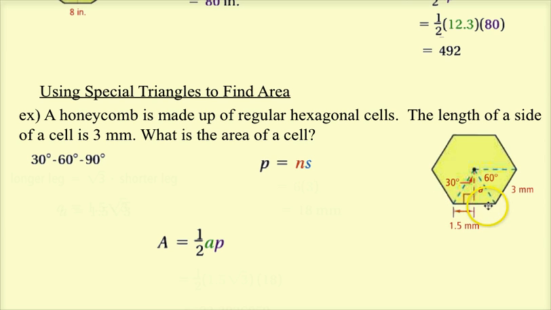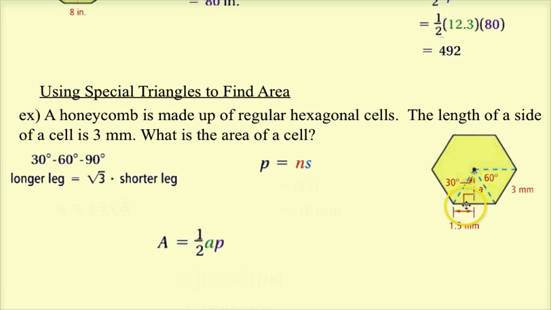So the whole edge was 3, and now this apothem, which I don't have yet, is cutting that in half, so this little section is 1.5. So remember my 30, 60, 90 rule. The longer leg, which is the leg opposite the 60 degrees, is radical 3 times the shorter leg. So this is 30, this is 60.